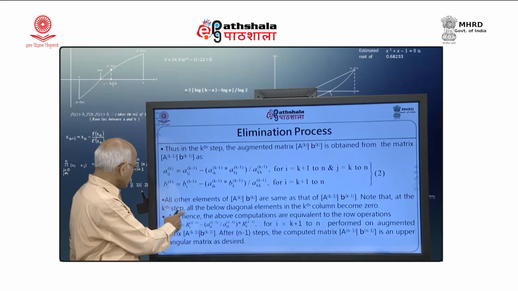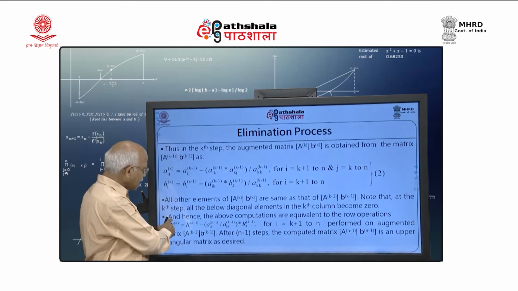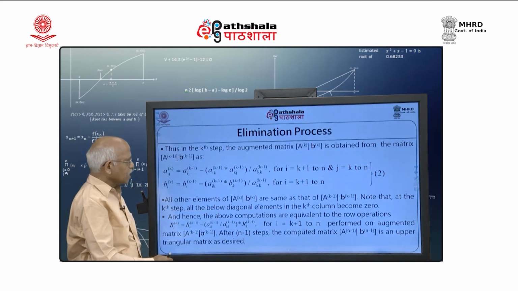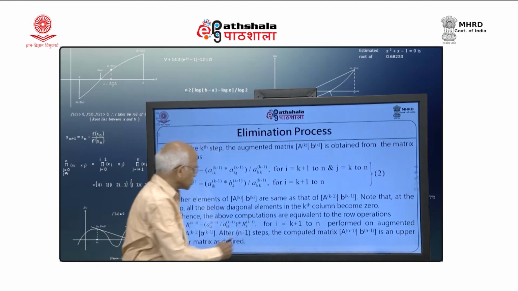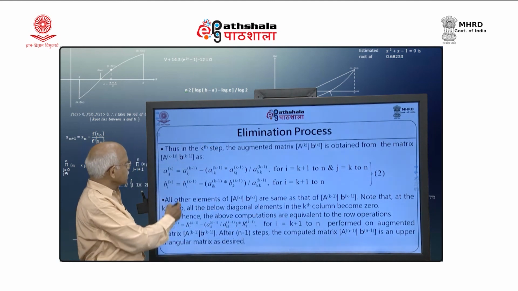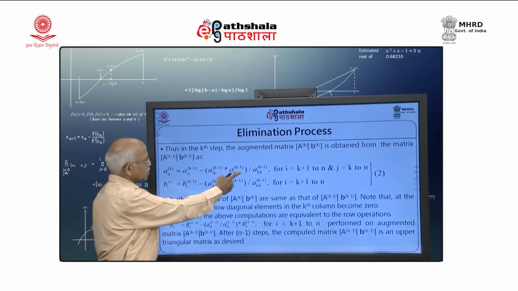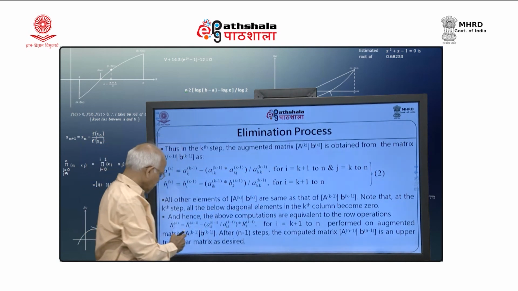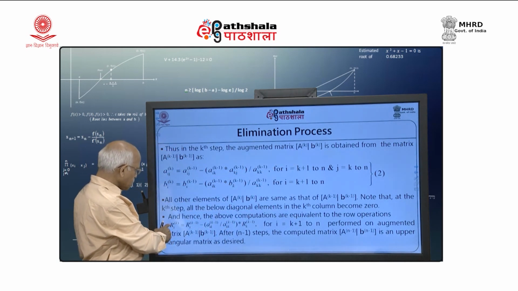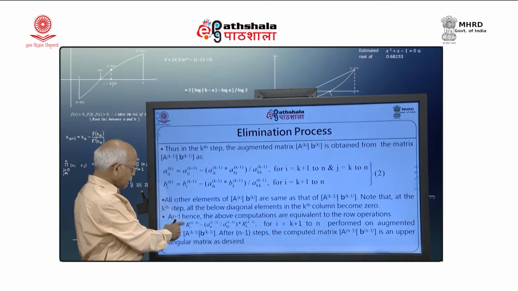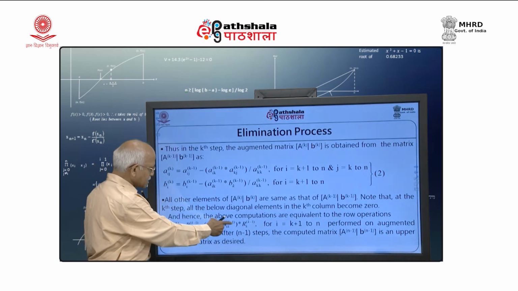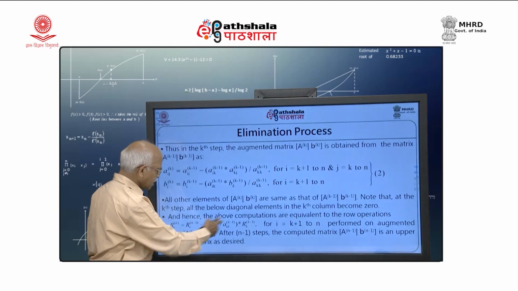So, we will check that a little later, and hence the above computations are equivalent to row operations. What row operations am I doing here? I am doing this on all these elements. So, my elementary row operation is R_i^(k) equal to R_i^(k-1) minus this multiple of R_k.